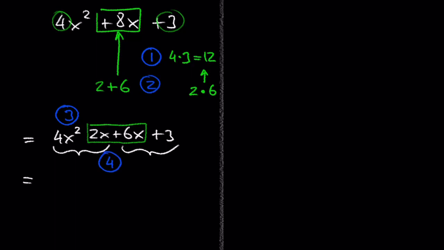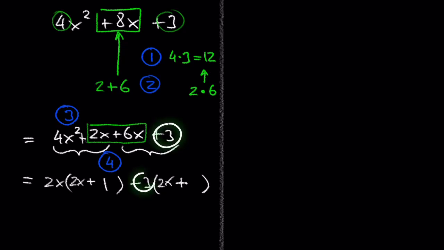Just take out the greatest common factor of the first two terms, which is 2x, and the greatest common factor of the second two terms, which is 3. 4x squared divided by 2x is 2x, and 2x divided by 2x is 1. 6x divided by 3 is 2x, and 3 divided by 3 is 1. By the way, if you can't factor out, just factor out the 1.